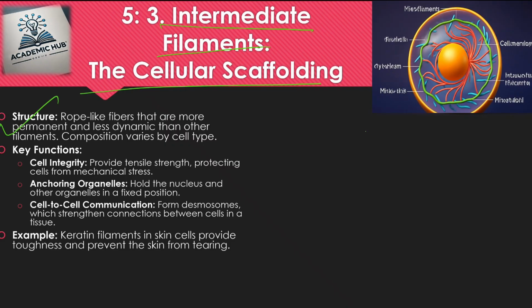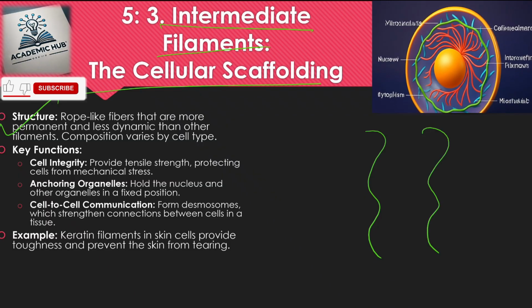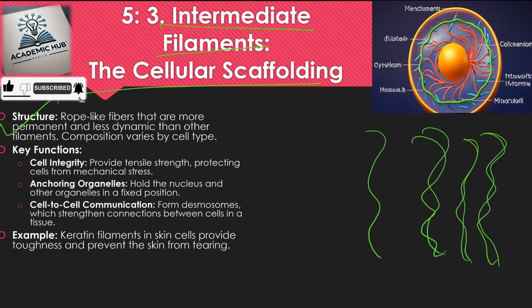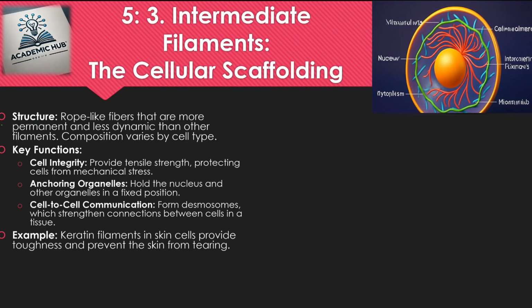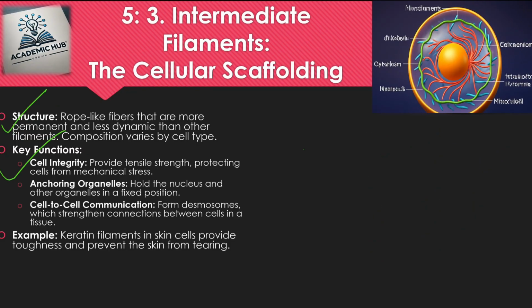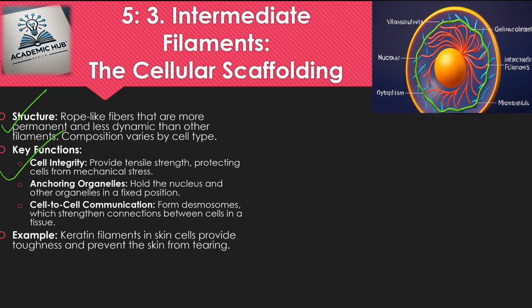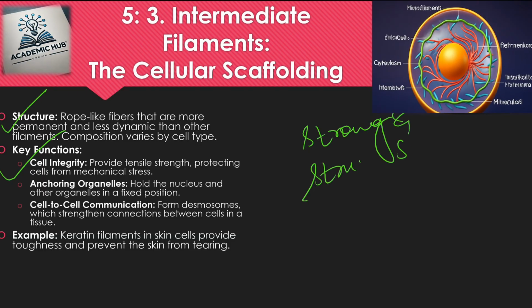It is rope-like in structure, which may be single, a double helix, or a tetramer. So this is the tentative structure of an intermediate filament. These filaments serve as internal reinforcement, ensuring the cell remains strong and structurally sound.